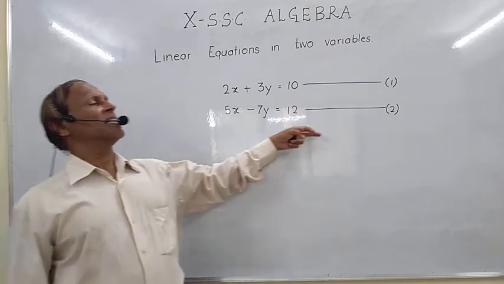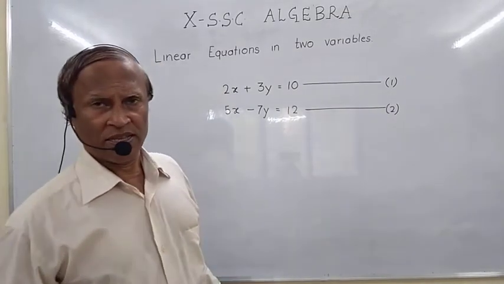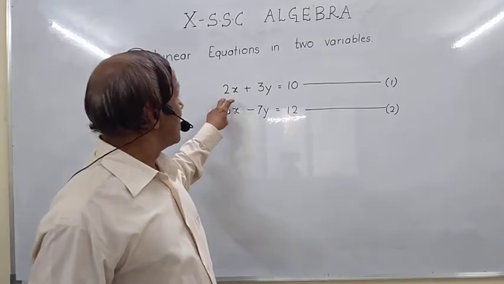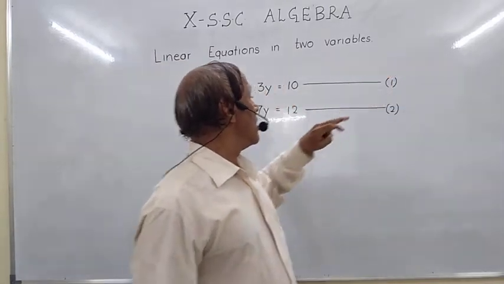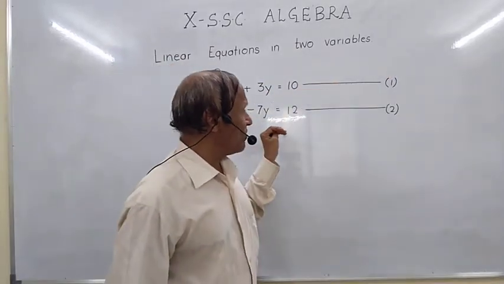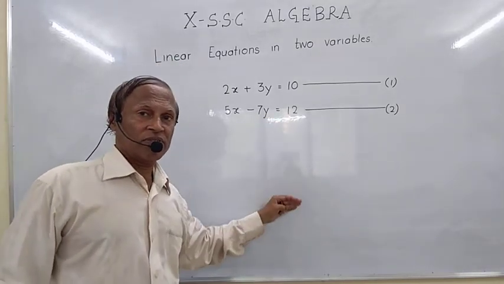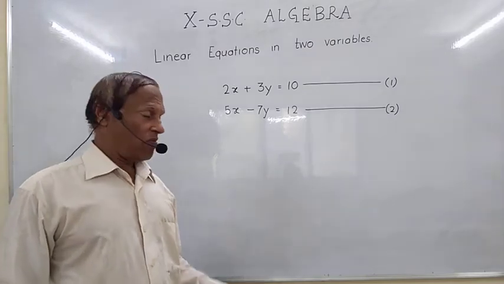This we will call equation 2. This will be our standard practice. In a question, even though the equations are given one after another, you have to write them in this format first, and thereafter you should try to solve.